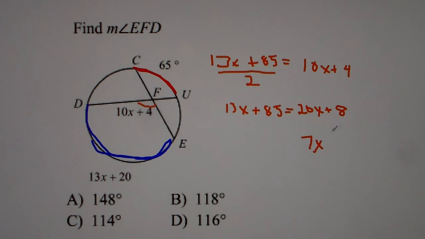On the right hand side, you subtract 8 from both sides, you get 77. Divide by 7 on both sides, you get x equals 11. Oh wait, there's more. We gotta find EFD. So we have to find this angle. So you gotta plug 11 into x. So 10 times 11 gets you 110. 110 plus 4 gets you 104. I'm sorry, 114.